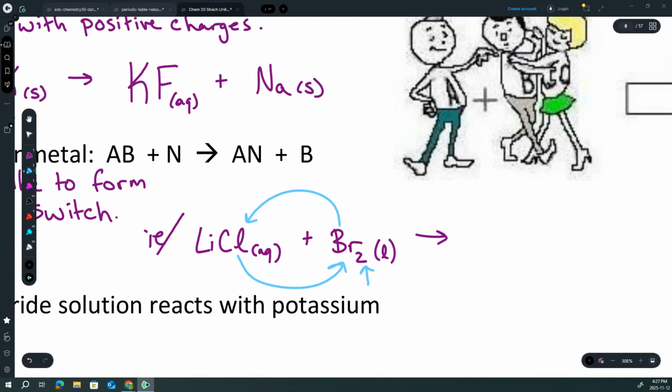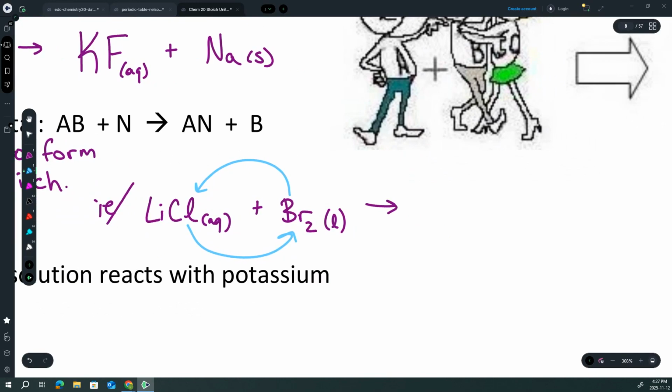Remember, in ionic compounds, the subscripts are just to balance the compound. Just because your bromine started out with a subscript 2 does not mean you're going to get LiBr2. You need to balance the compound with the subscripts.